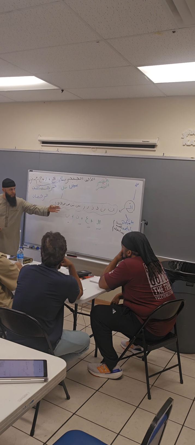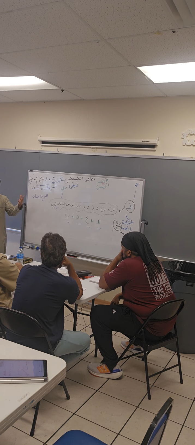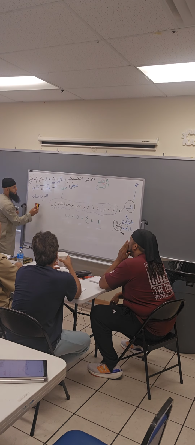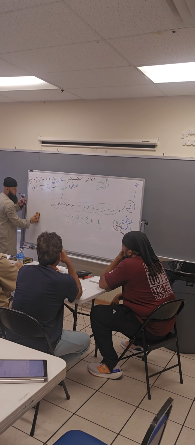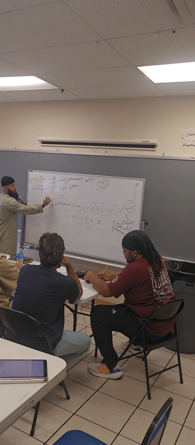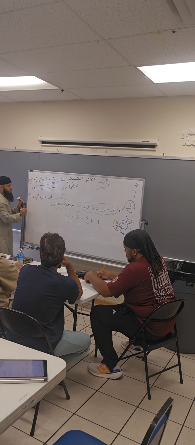Okay? There are a lot of examples that we can give for the solar letters, right? Ar-Rahman, Ar-Rahim. You could say Ar-Rahim too. So Ar-Rahim, it will be like Al with Ra, with Ha, and then Ya, and then Ma, right?